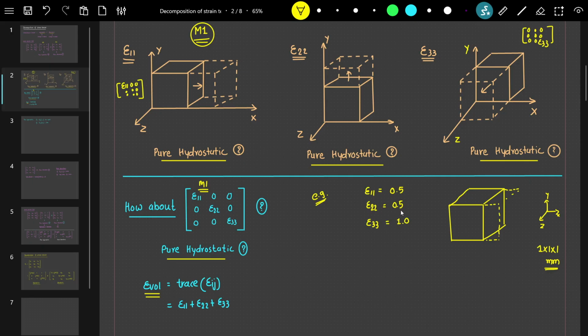whereas in y direction similarly, the length of the cube in y direction will be 1.5, and the length of the cube in z direction it is 1, so it will become 2. So this was 1, now total is 2 mm. Now we can see the cube deformation. If I combine all these three, earlier it was 1 by 1 by 1 mm.